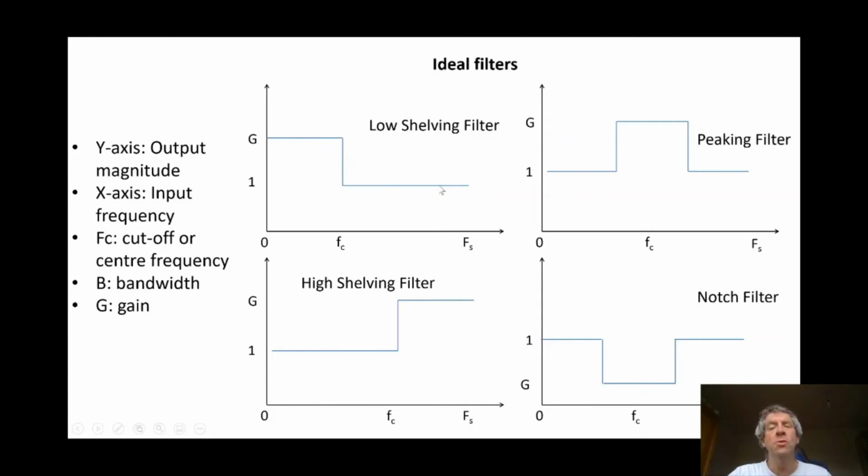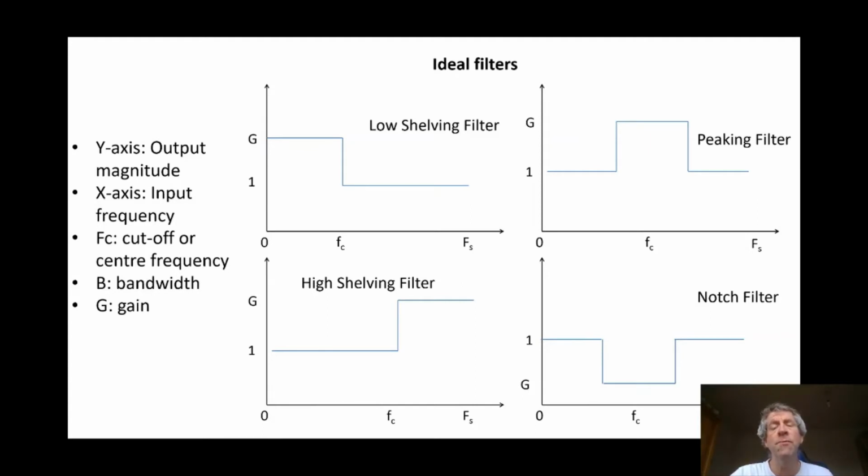Anyway, you have a low shelving filter. The idea there is that it leaves the high frequencies above some cutoff unchanged, but it can boost, increase the low frequencies, or it can attenuate them. So it need not be, this value G for how much gain, need not be greater than 1. It could be less than 1.